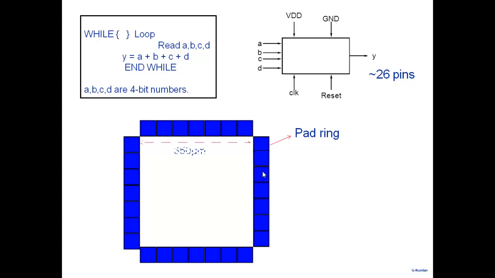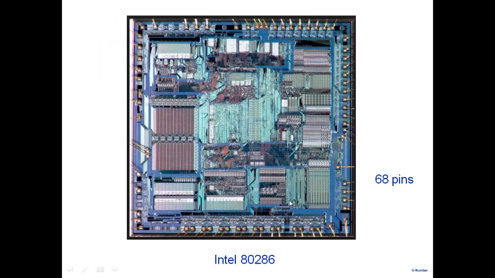Let me show you. This will be a better picture here. Look at this Intel 80286 microprocessor. Can you see all the pads that are there at the edges? And can you see that there are these wires which are bonded here? So the wire which bonds to the pad eventually goes and attaches to the pin of the IC.